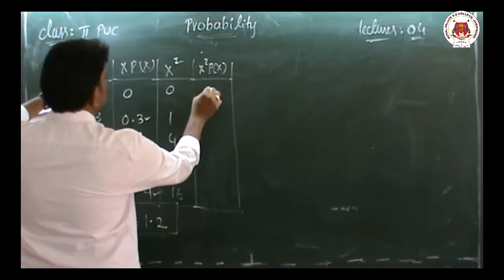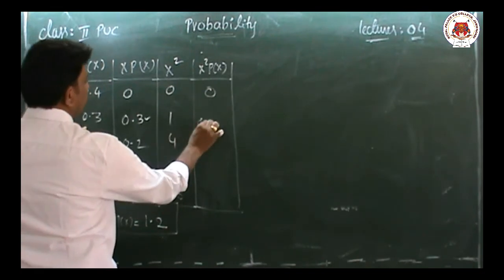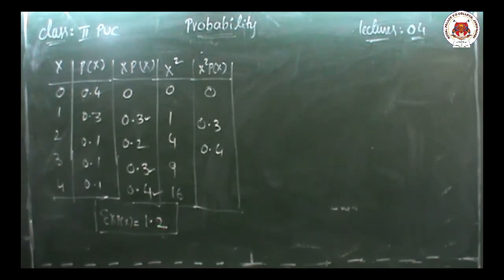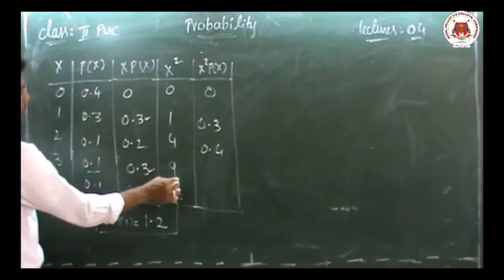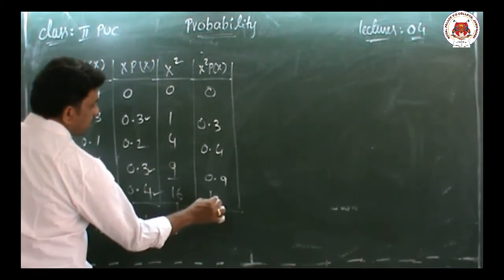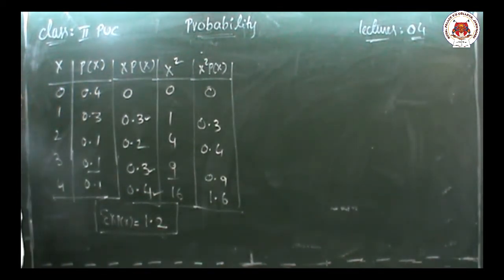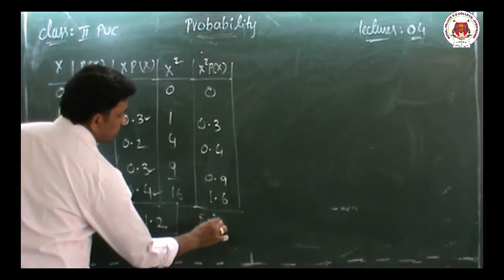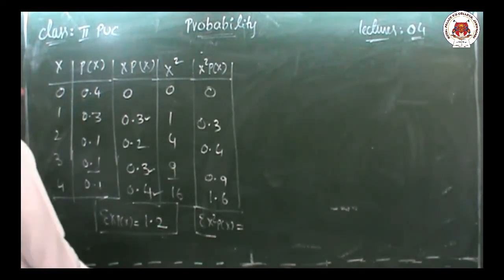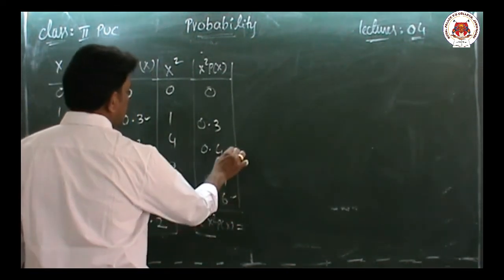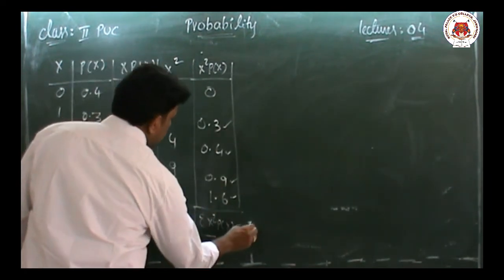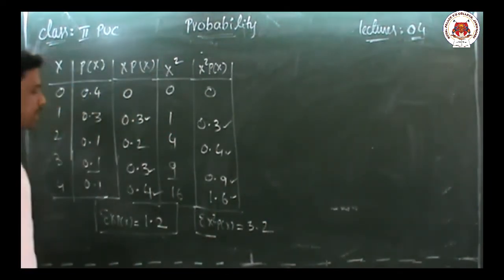If you multiply, 0 into any term is 0; 1 into 0.3 is 0.3; 4 into 0.1 is 0.4; 9 into 0.1 is 0.9; 16 into 0.1 is 1.6. Then we find the summation of x square into p of x: 3 plus 4, 7, 7 plus 9, 16, 16 plus 16, 32. So this value is 3.2.